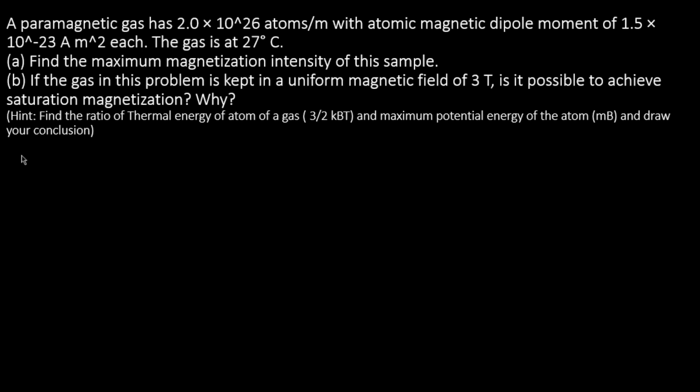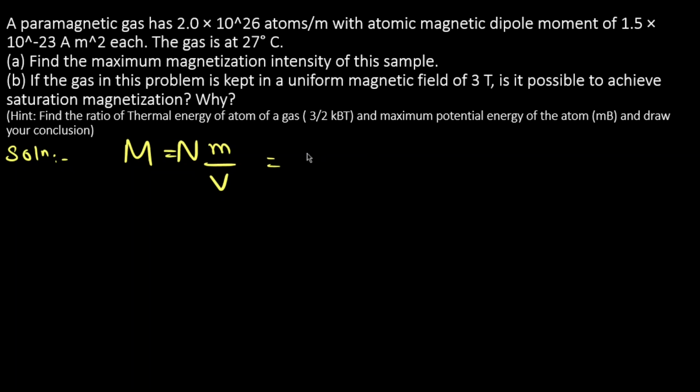So solution, magnetization is given to us as magnetic moment per unit volume. Now since there are n number of molecules, this will be n times m by V. Here what they have given us is the number of molecules per unit volume, that is 2 × 10^26. So n by V will be 2 × 10^26, and small m is the magnetic dipole moment, that is 1.5 × 10^-23.